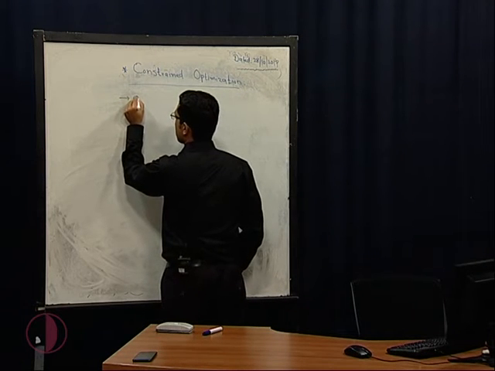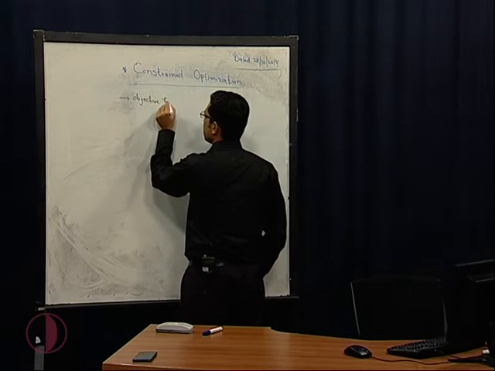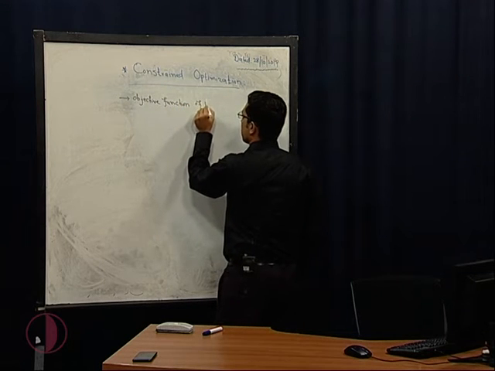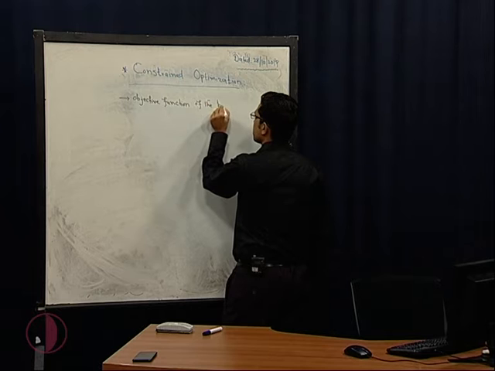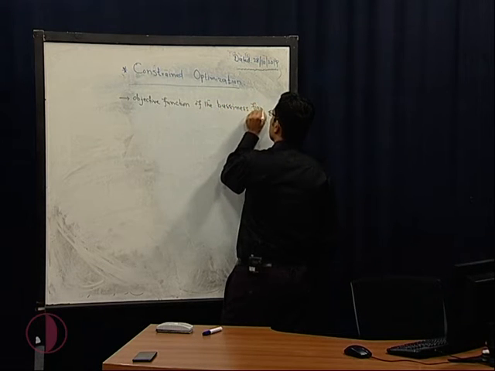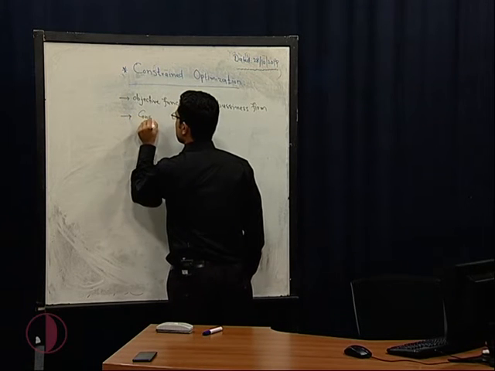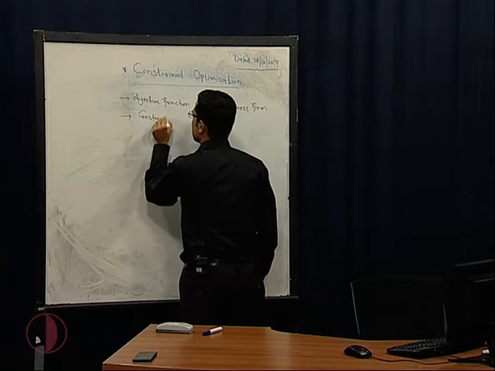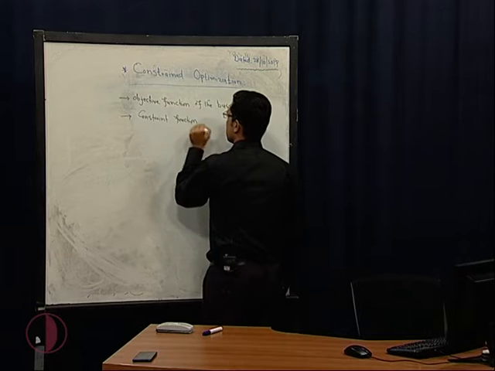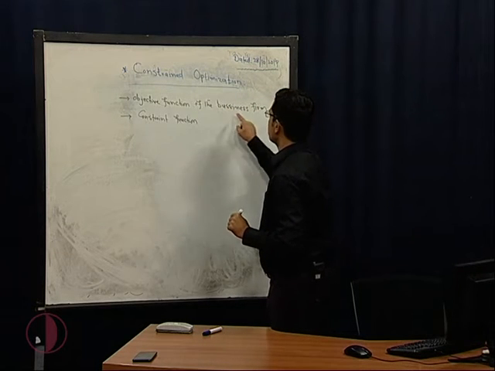First, the objective function of the business firm. And second, the constraint function.